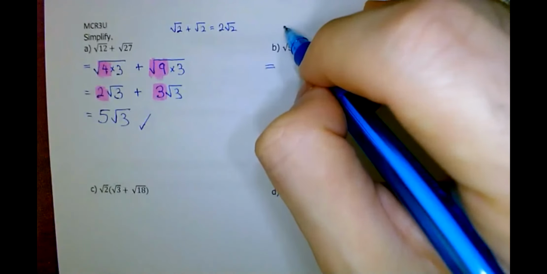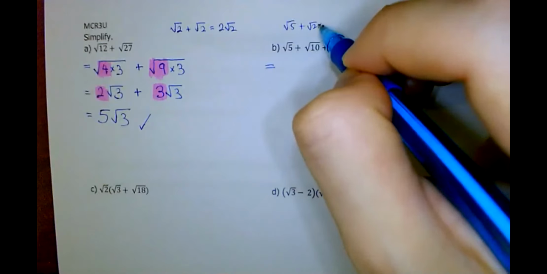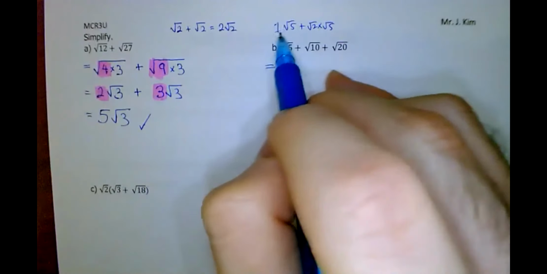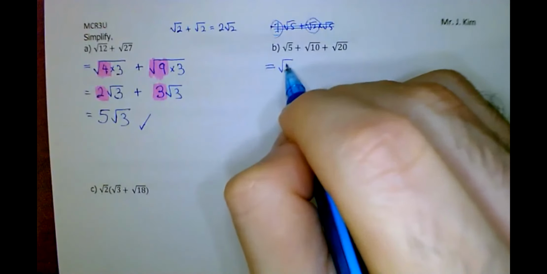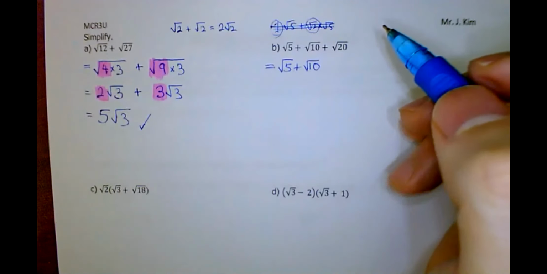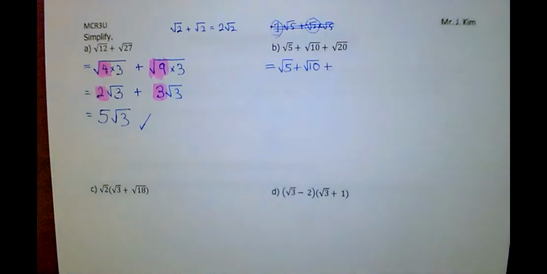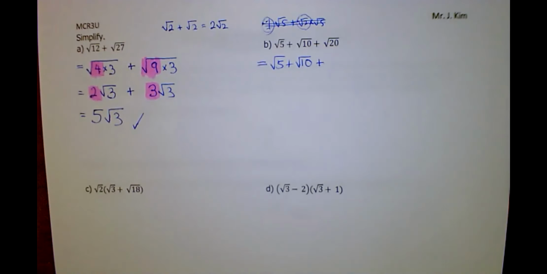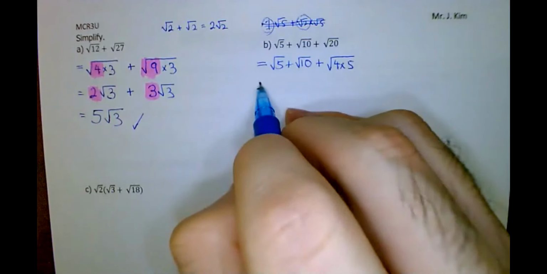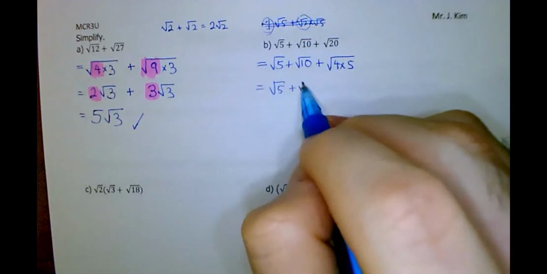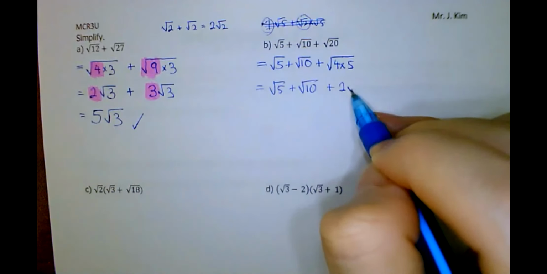Because if you turn this into root 5 plus root 2 times root 5, you're essentially adding 1 and root 2. It gets a little messy. You don't want to do that. In other words, you're right in being a little bit confused. You can't do anything to root 10. It's better to leave it as root 10. So could you do 20 as root 5 and root 4, which is 2? Perfect. Exactly. 4 times 5, so that is root 5, root 10, and 2 root 5.